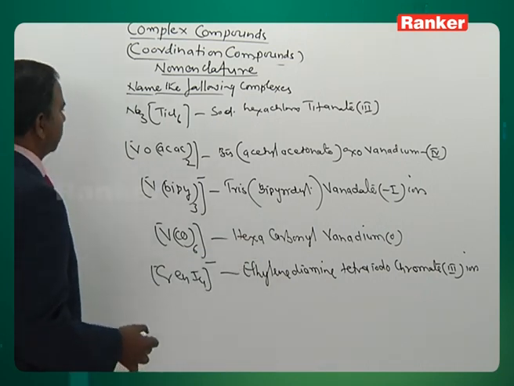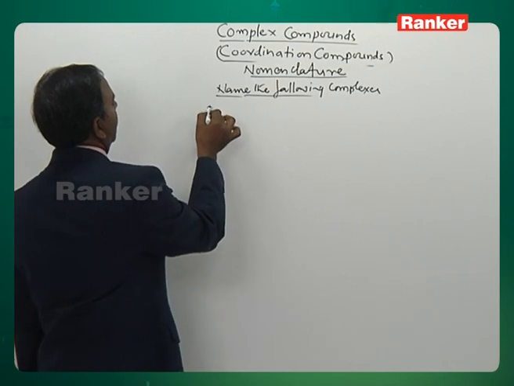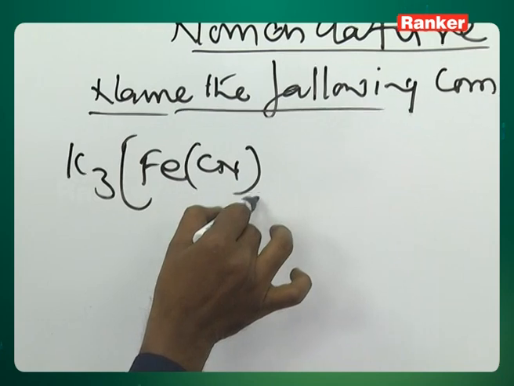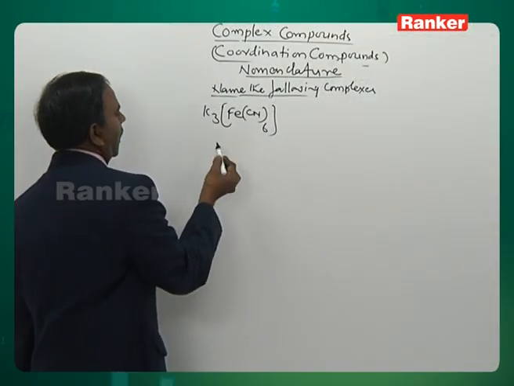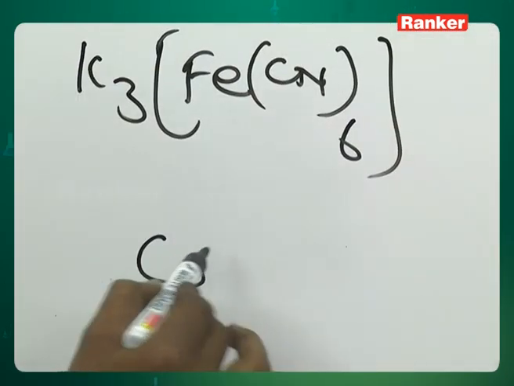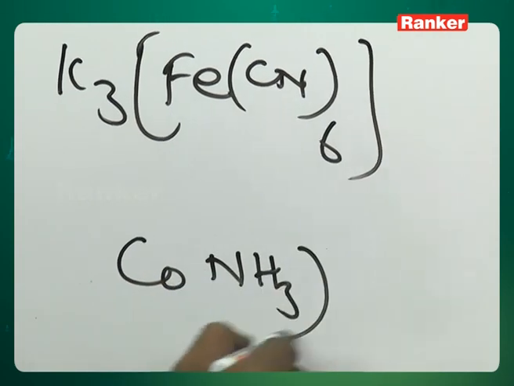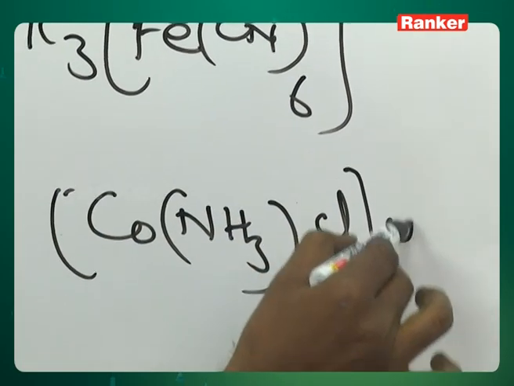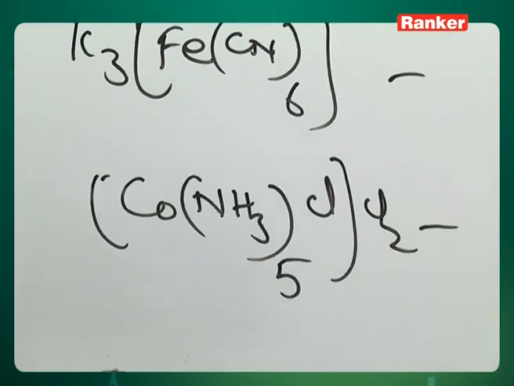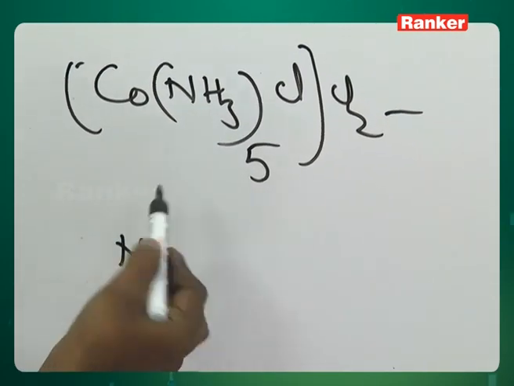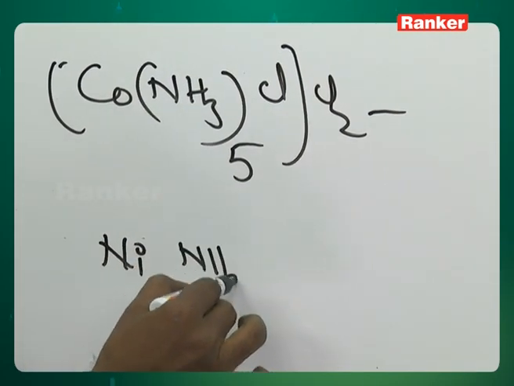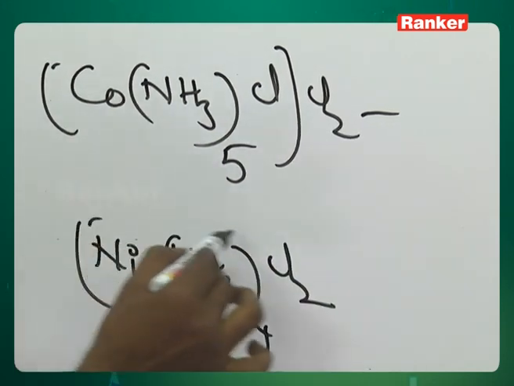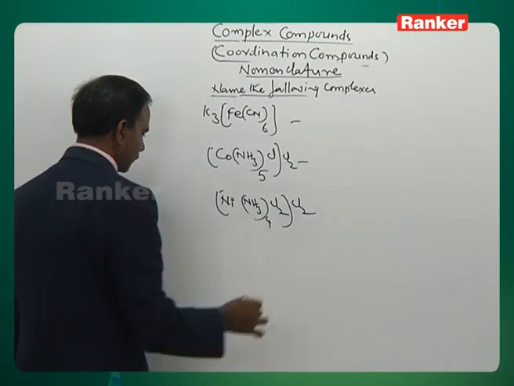Some more complexes I will write. Look here, K3[Fe(CN)6], then [Co(NH3)5Cl]Cl2, you take. Nickel complex, let me write, [Ni(NH3)4]Cl2.